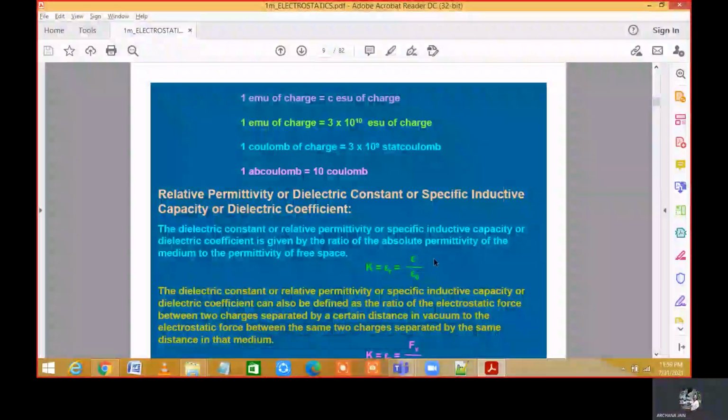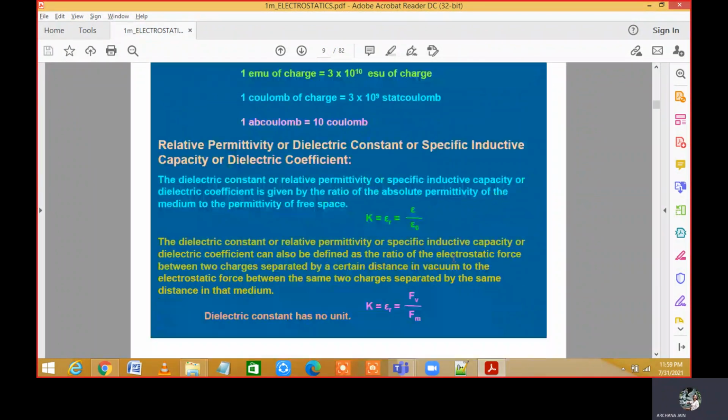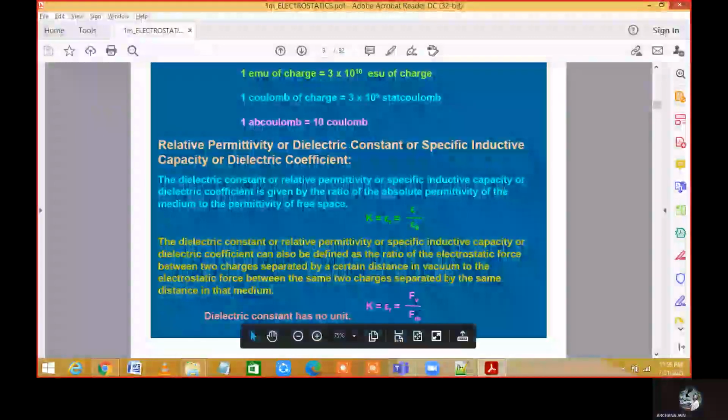The permittivity of the medium is epsilon and the permittivity of vacuum or free space is epsilon naught. So dielectric constant is the ratio of the permittivity of the medium to the permittivity of free space. We can define this in another form also.